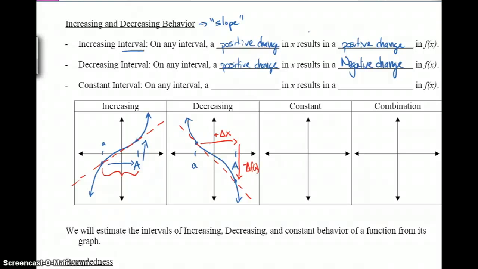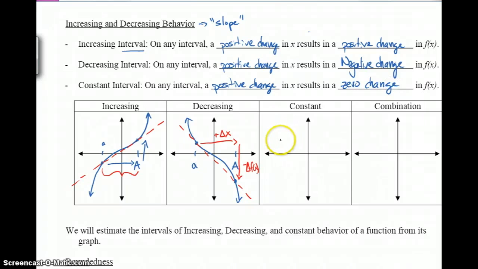The last one is a constant interval. Again, we'll talk about positive change in terms of x. But in this case, we've talked about positive change in f of x and negative change in f of x. Well, what's left? The last thing that we're left with is that there is no change, or what we also say a zero change in f of x.